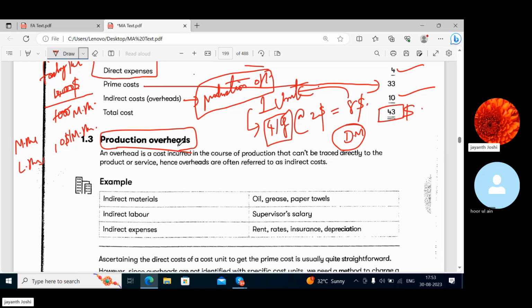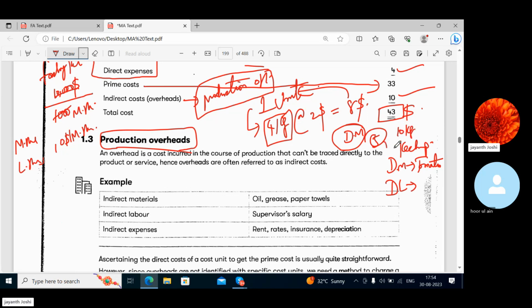Now, what do I mean by traceable and non-traceable? For example, if I'm making a particular product, let's say ketchup, direct material will be tomato. Direct labor will be working. So 5 labors are required to make 10 kgs of ketchup.